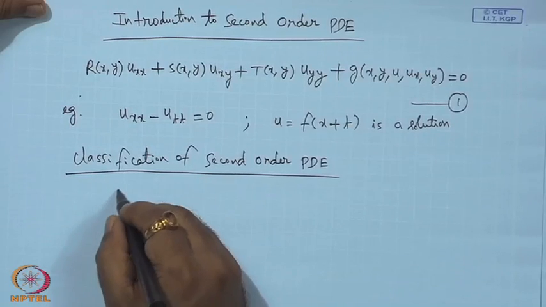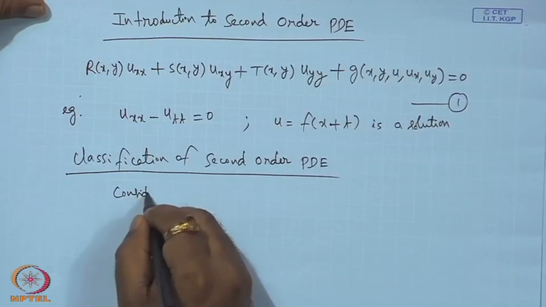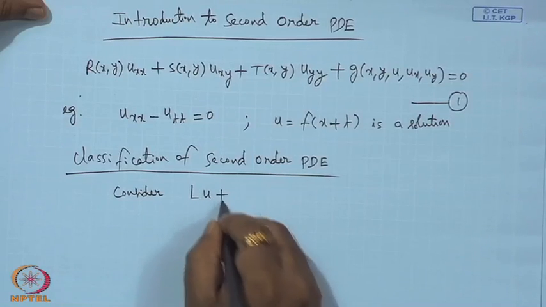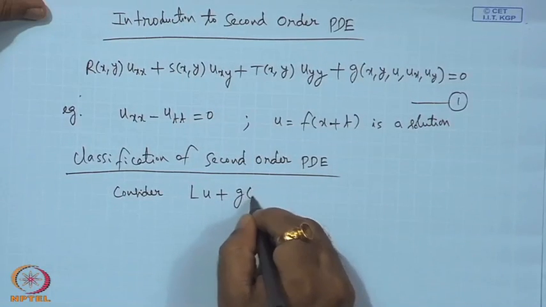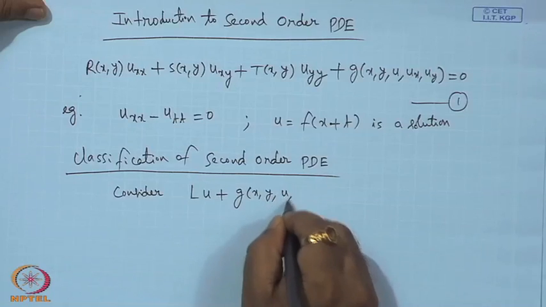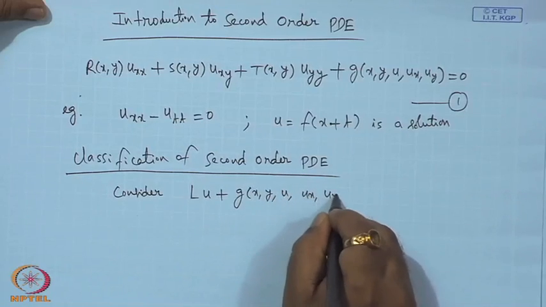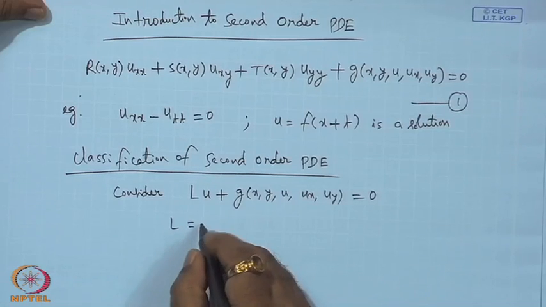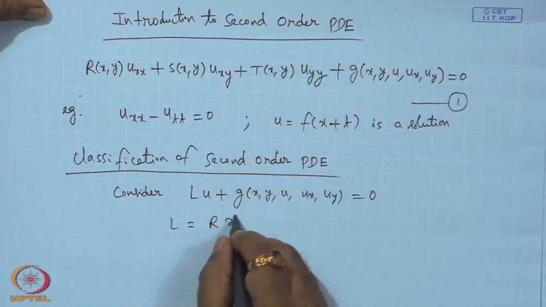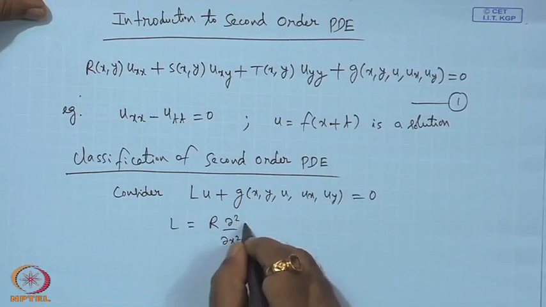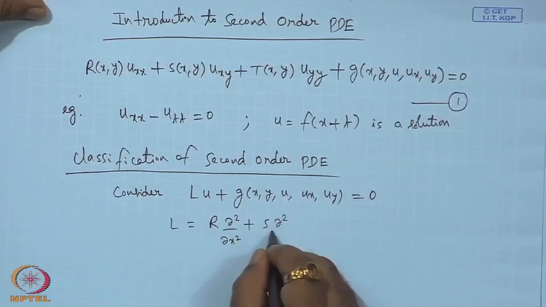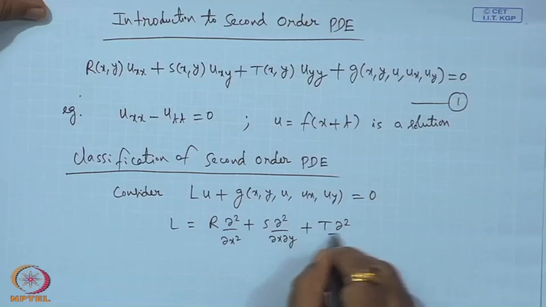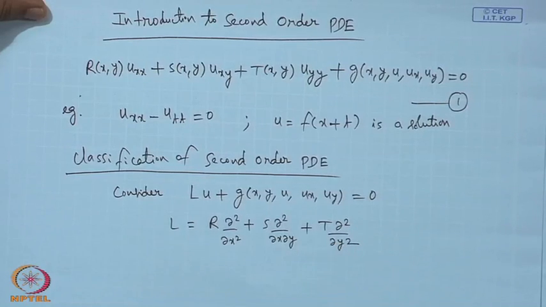Let us consider 1 in the operator form, where L is given by this.